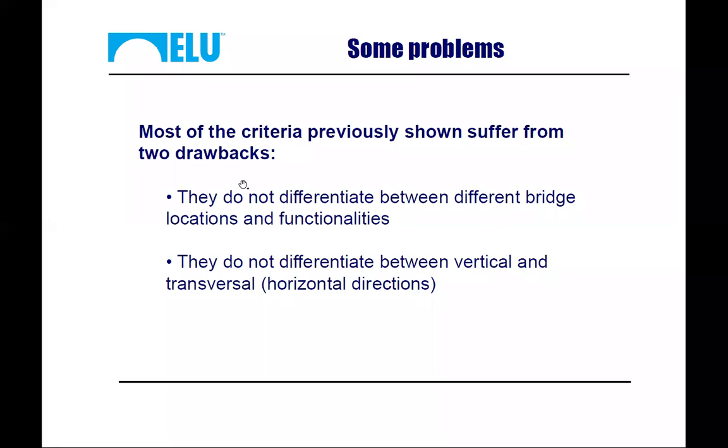This is one drawback. We don't have a differentiation depending on bridge location and functionalities. But there is also another drawback, which is more severe in most codes. The threshold values do not differentiate between vertical and transverse and horizontal directions. And we will see a bit later that we need to separate this kind of effects. So the effects in vertical direction from the effects in transversal direction, in the horizontal direction.